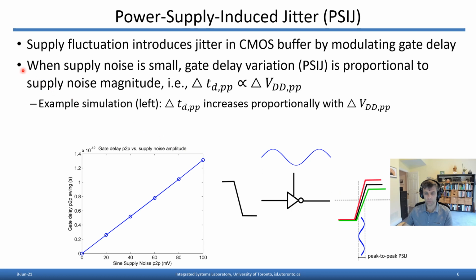When supply noise is small, it turns out that the gate delay variation is proportional to the magnitude of the supply noise. That is, for a change in supply voltage, delta VDD, we see a proportional change in gate delay, delta TD. And here's an example simulation that shows that that's indeed the case. This is done in a CMOS technology with tens of millivolts of supply noise, which is pretty typical in an integrated circuit.